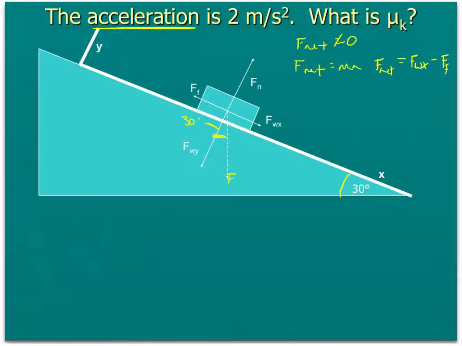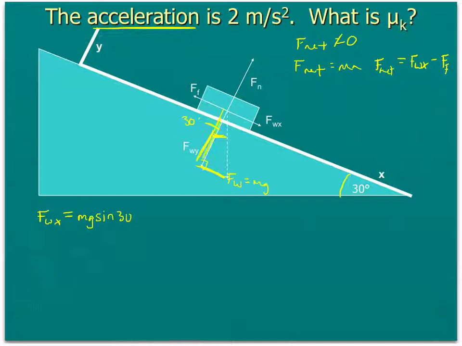We know that the force of weight is equal to mg, which allows us to write those equations for Fwx, which is equal to this side of the triangle, opposite that 30-degree angle. So Fwx is equal to mg times the sine of 30. I can do a similar thing for Fwy.